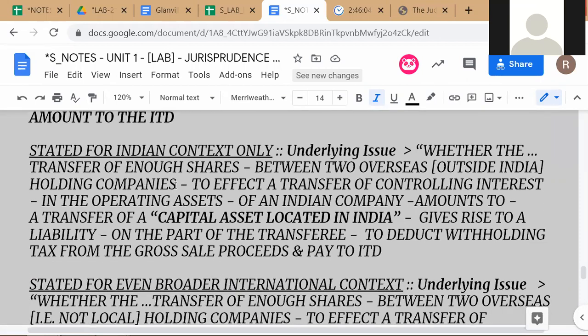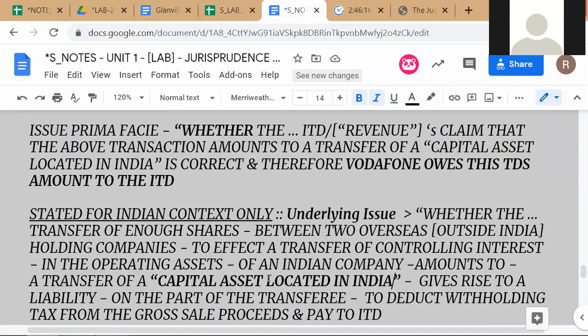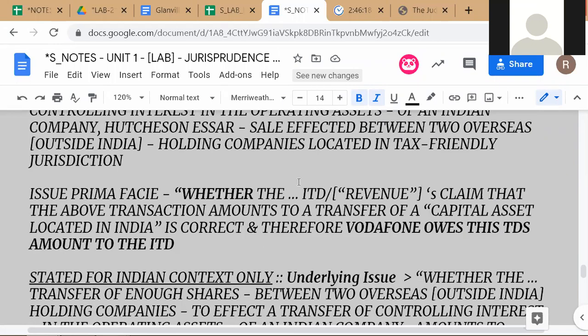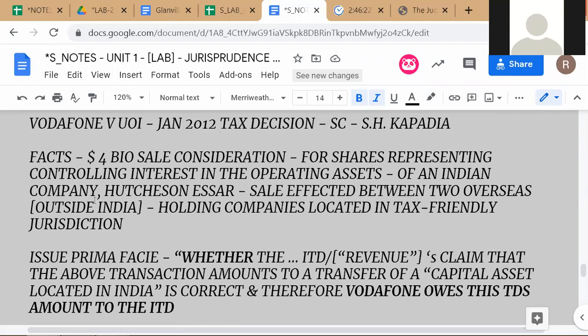We have to look at the surface transaction only, see what is actually happening, and apply the law very strictly: transfer of a capital asset located in India. So what he said was that what was being transferred was shares held outside. These overseas holding companies were incorporated in overseas jurisdictions, and therefore it has nothing to do with India. There's a transfer happening overseas.